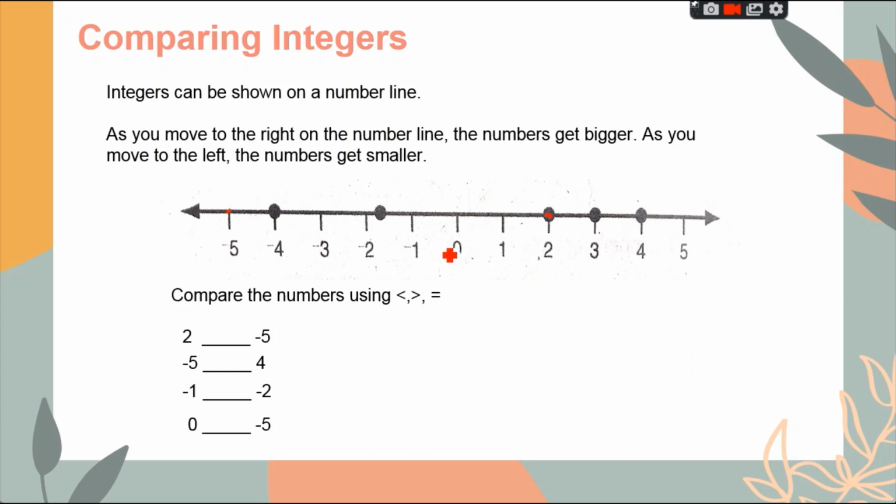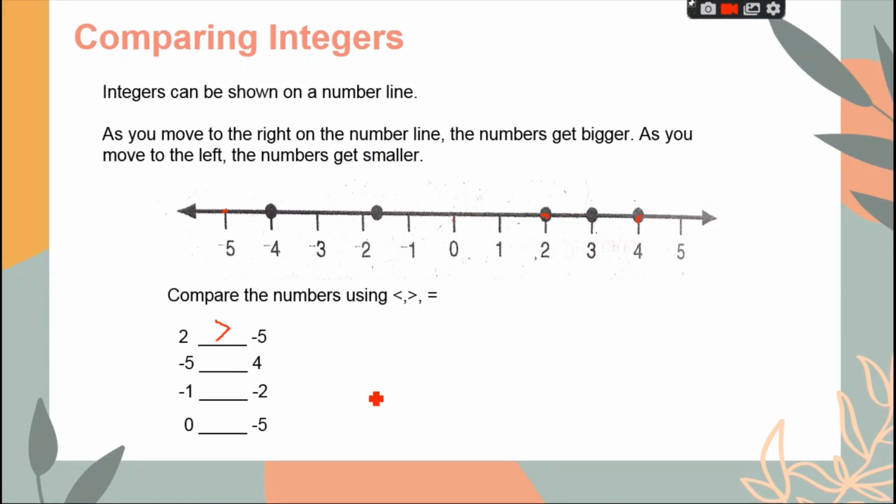As we can see, numbers on the right side are bigger than numbers on the left side. 2 is on the right side, so it means 2 is bigger than -5. So the sign here is greater than.